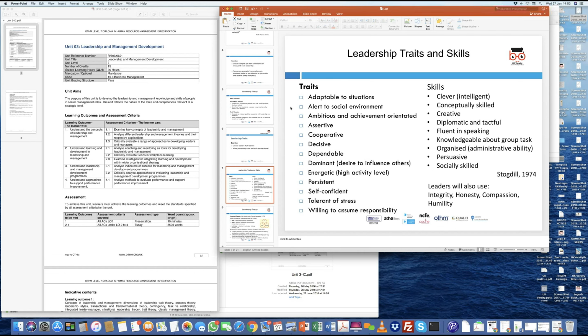So we look at some of the qualities in terms of how we define trait. Sometimes you're alert in the social environment. That means if you see people on Twitter and you see a tweet, or if you see people using certain things in their social environment, they're quick to respond. For example, it could be an email which comes, they quickly respond to that. If it's a phone call, they quickly respond to that.